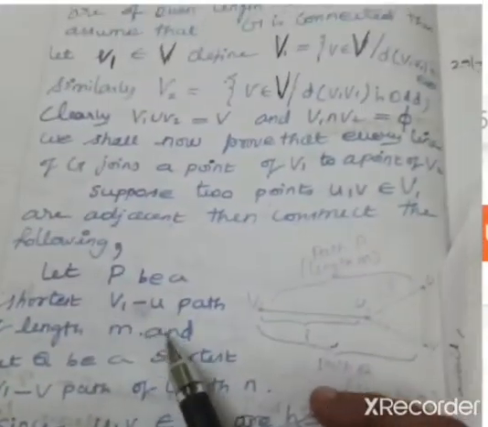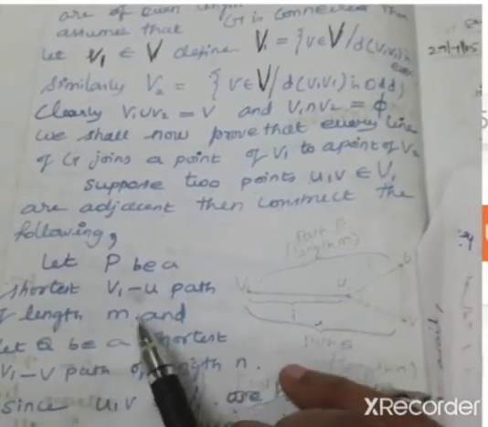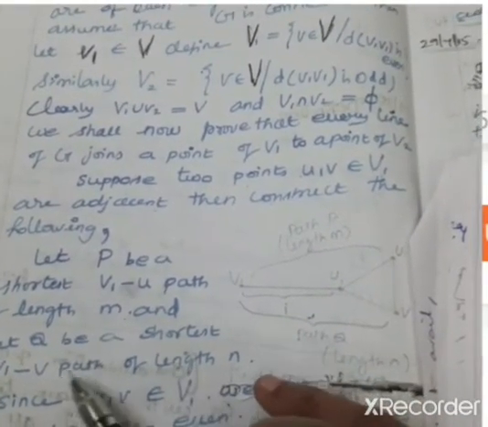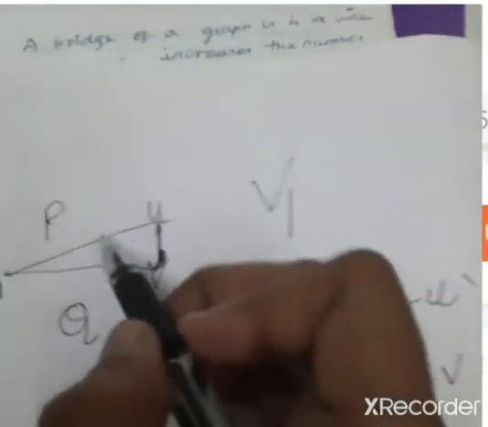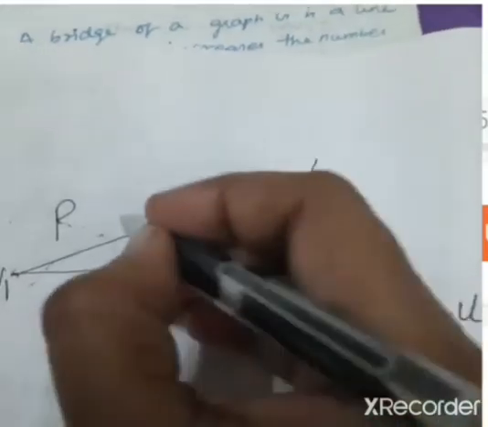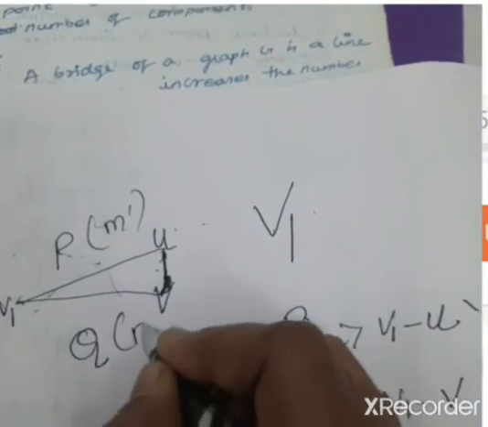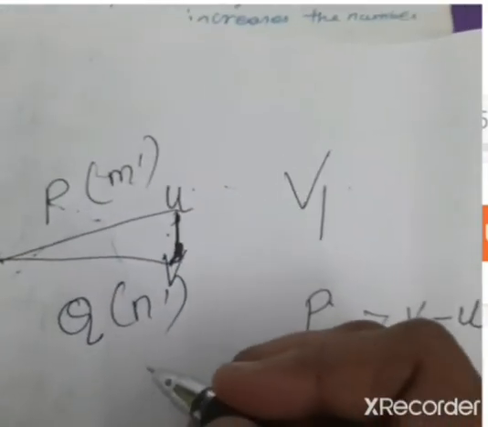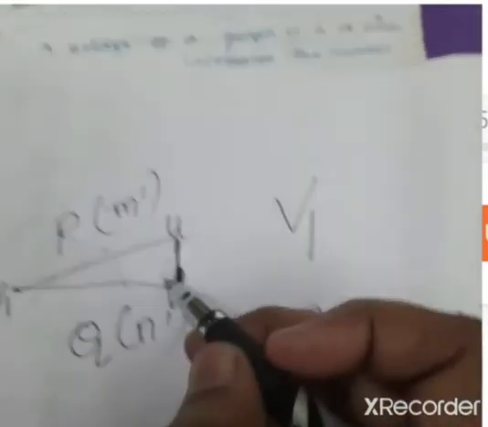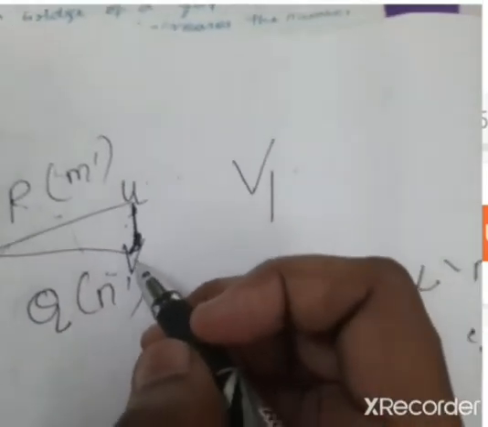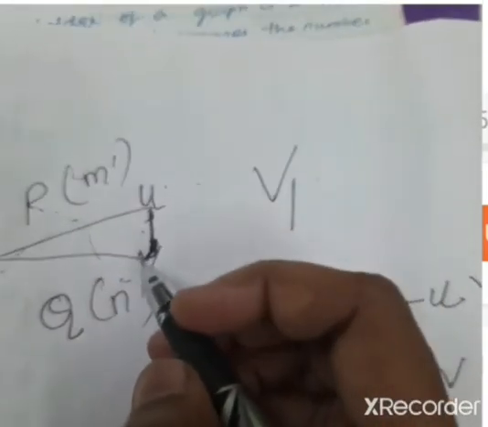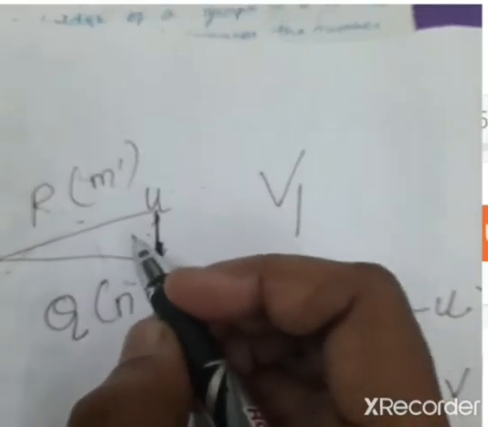So we say let P be a shortest V1 to U path of length m and Q be a shortest V1 to V path of length n. So this is the shortest path P, whose length is m, and this is going to be Q of length n. One may be in a position to have a common point.